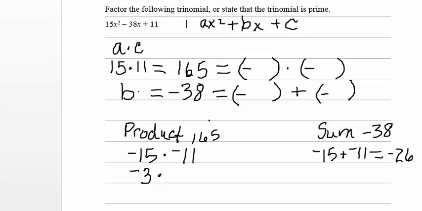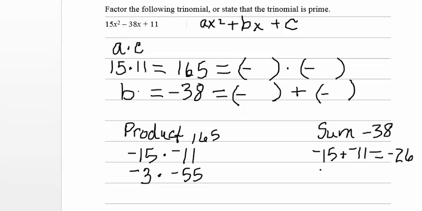If I divide 165 by negative 3, I get negative 55. Right off the bat, I get another pair of numbers just by using the two numbers that I started with. Obviously that does not give me what I need.